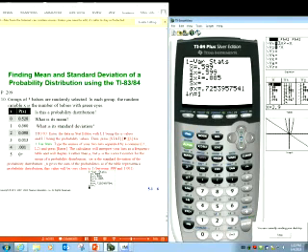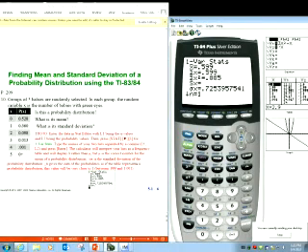Let's go back and see if maybe, usually when that happens, you've entered more numbers in one list than you have in the other. So it could just be a typo in your stat editor. Yep. You left 0 out of the top. So you need to retype list 1. That's something to watch for. When you get an error like that, you may not have the same number of entries in both lists.